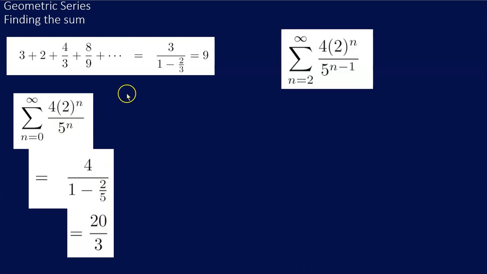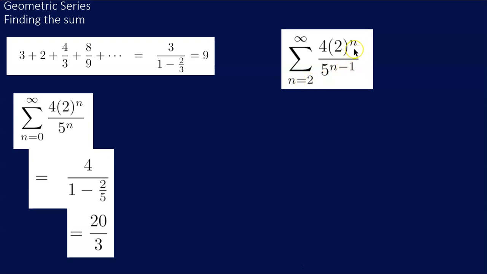Let's try another one. This looks much grosser, but take it one step at a time. My ratio is still 2/5. Even though it's a little off, this one starts at n equals 2. It doesn't matter. Each term is going to get an additional 2/5 multiplied. So I'm going to have 1 minus 2/5 on the bottom again. In the numerator, I need to figure out what the first term is. And I noticed that n is equal to 2.